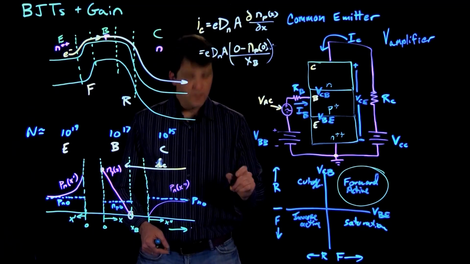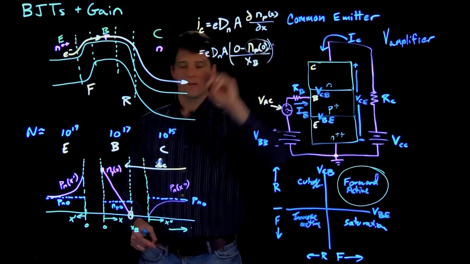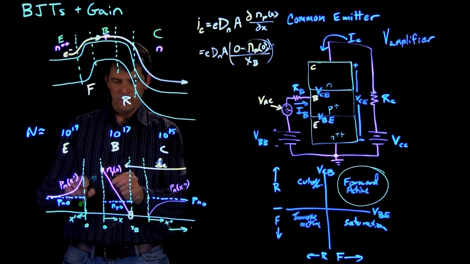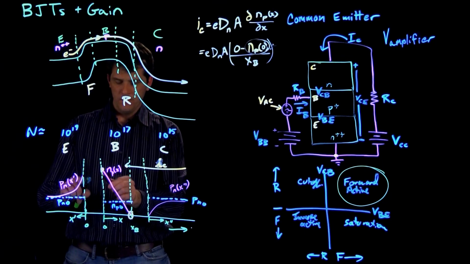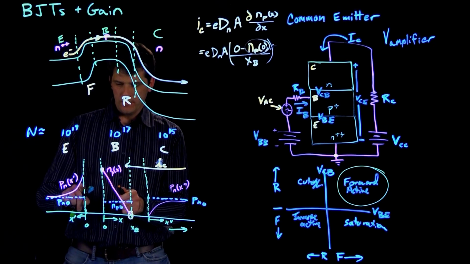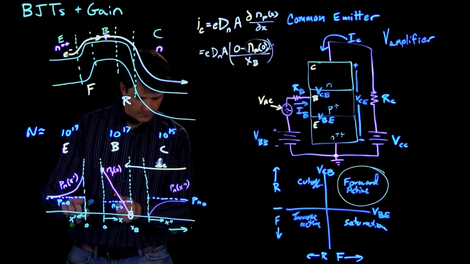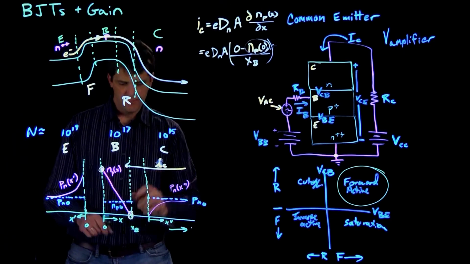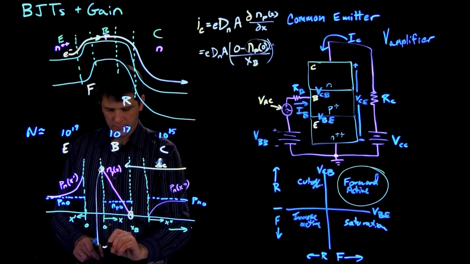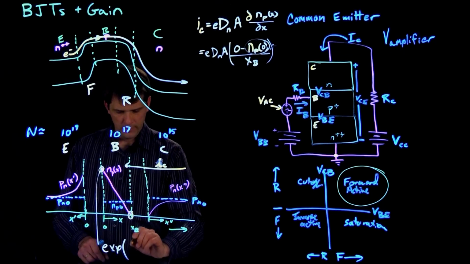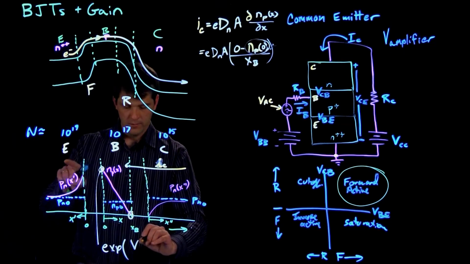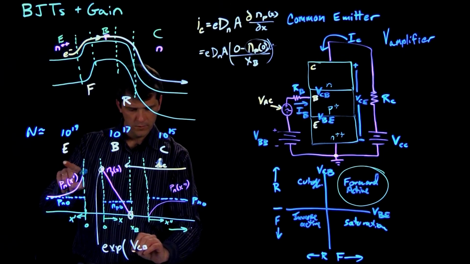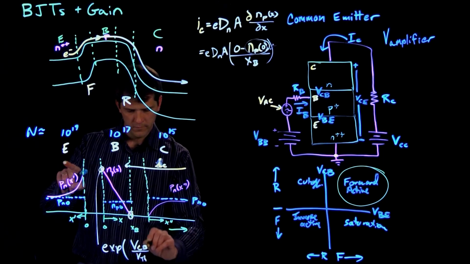And then we can look at this term here, and again, because this is minority carriers, we can actually know that the concentration there is going to be proportional to exponential to the VCB, collector base, over V thermal.